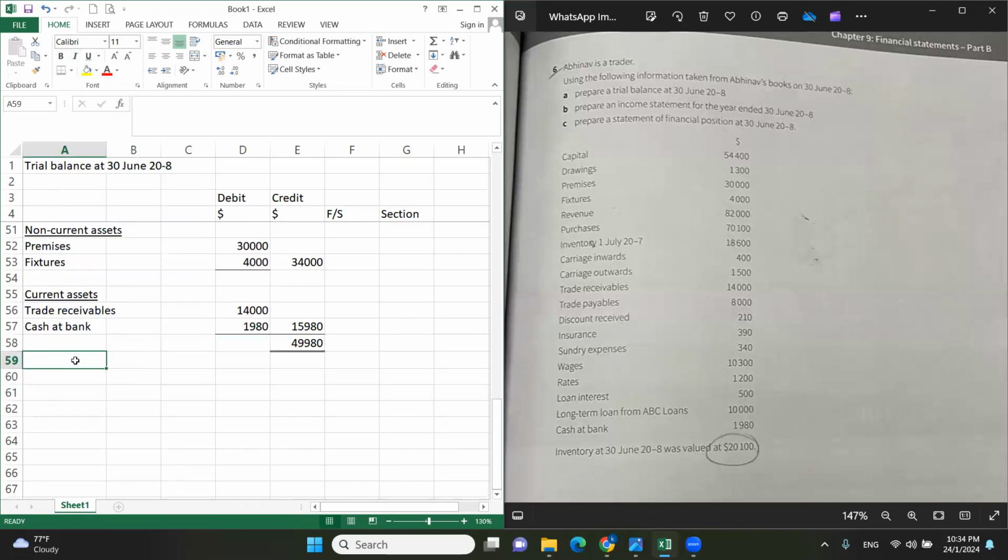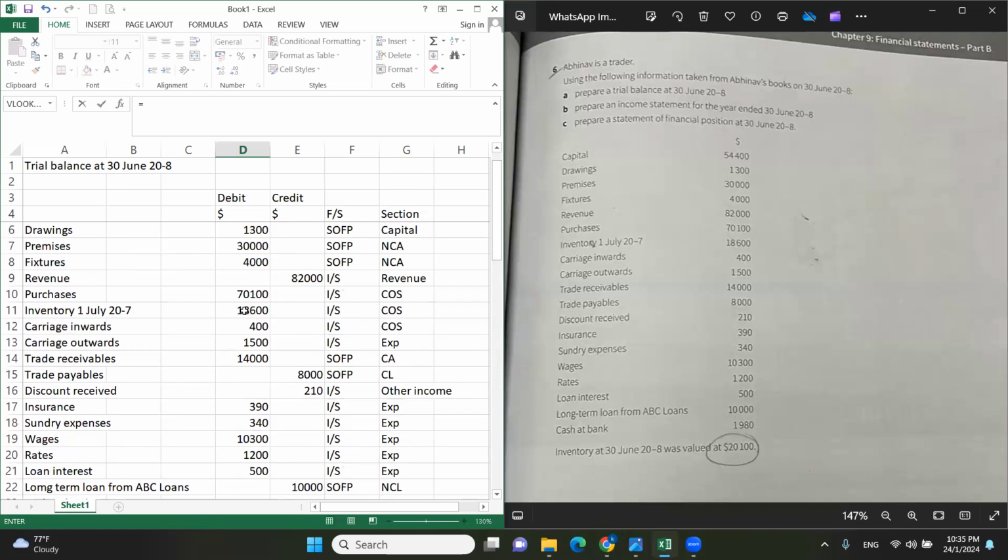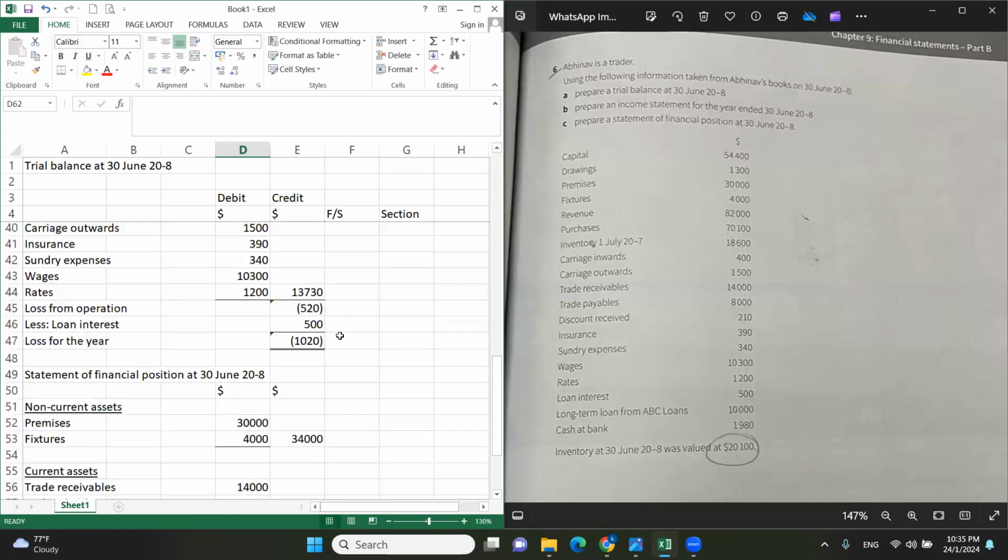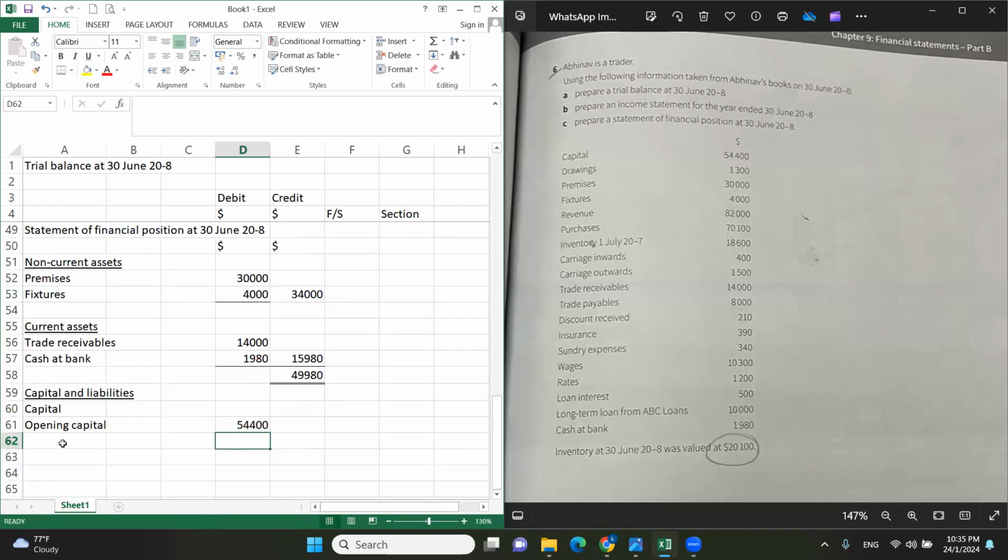And then next is that capital and liability. So capital and liability is, we have capital section with the opening capital. Our opening capital is from the trial balance, which is here. Okay. And then because this question we get the loss, so you have to minus loss for the year.